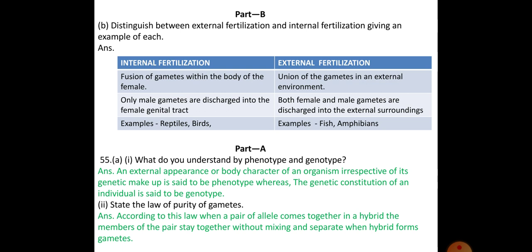In internal fertilization, only male gametes are discharged into the female genital tract, but in external fertilization, both the female and the male gametes are discharged into the external surroundings. Examples of internal fertilization are reptiles and birds, and of external fertilization are fish and amphibians.